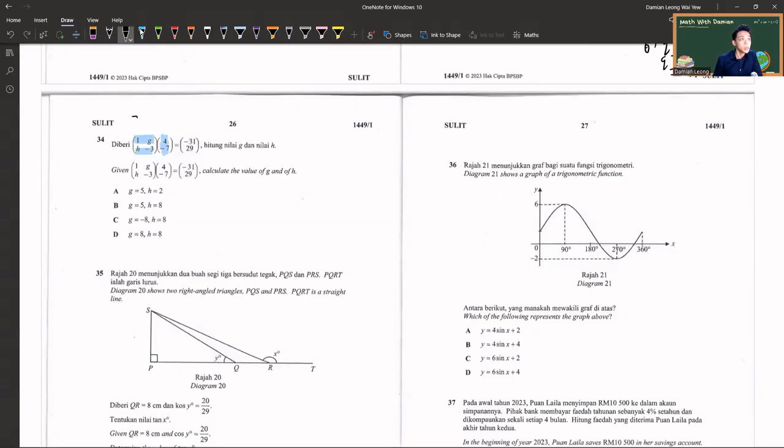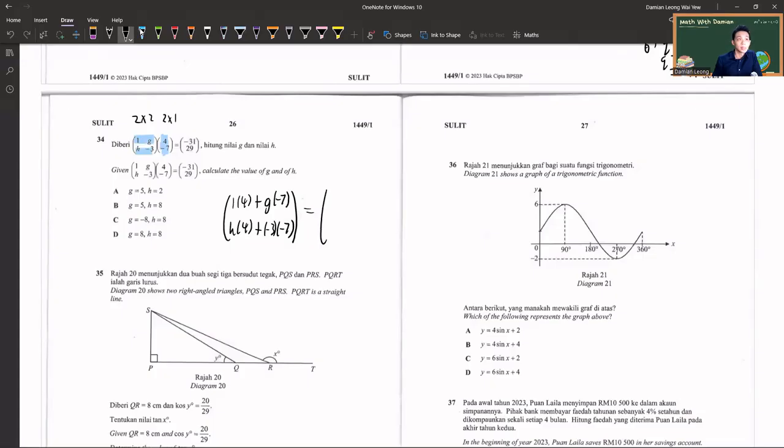So this is 2 by 2, 2 rows, 1 column. So end up 2 rows, 1 column. So 1 times 4 plus G times -7. Then second row, H times 4 plus -3 times -7.